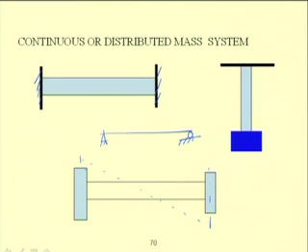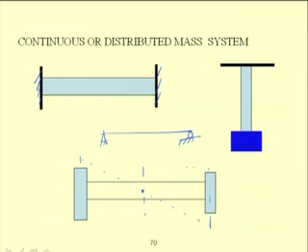In this mode, one can find a node at this point. As a node is observed at this point, one can assume that the shaft is fixed at this point and has a torsional vibration about this point.